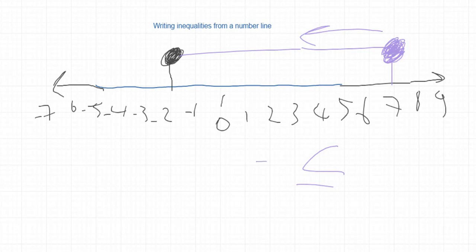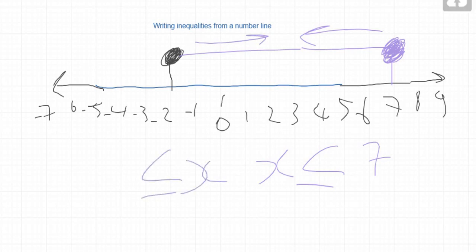And so x must be less than or equal to 7. And so when we go here, we do the same reasoning and reading. So it is at negative 2, it is closed at negative 2, and it is going greater than negative 2. Therefore, x must be greater than or equal to negative 2.